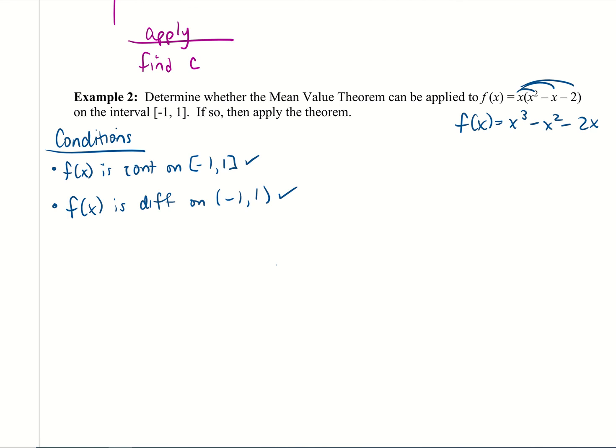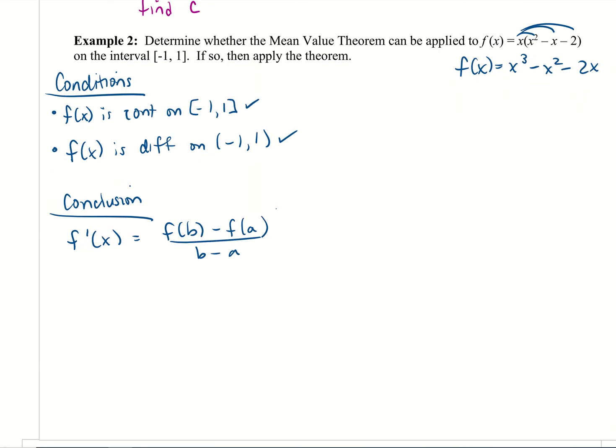So then what I'm trying to say for my conclusion, my then part, is that f prime of x is supposed to equal f of b minus f of a over b minus a. Let me do just a little bit of work to get to that. F prime of x is 3x squared minus 2x minus 2.